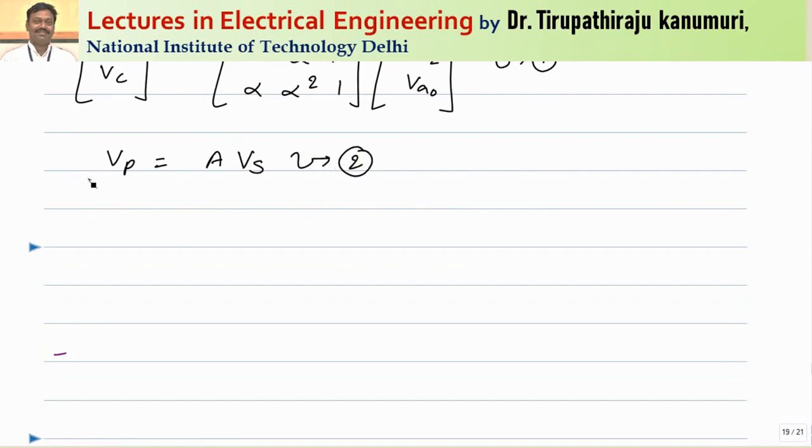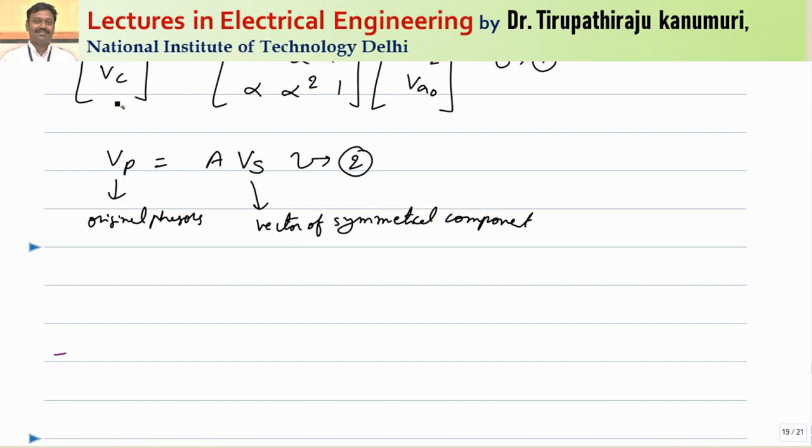Here VP is the vector of the original phasors, or the phasors of the respective phases. A is the matrix operator, and Vs is the vector of symmetrical components.